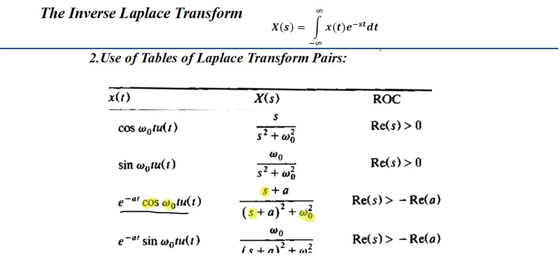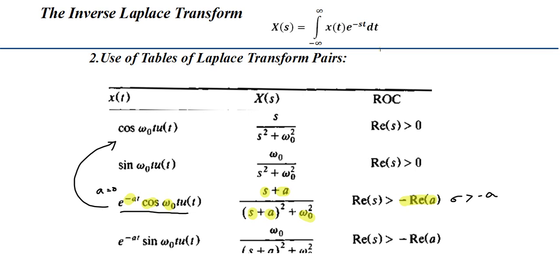It is s plus a by something, and this e raised to minus a t, you can see here, a and a, and the ROC is simply, if it is a real quantity, sigma greater than minus a. If you know this equation, if you simply substitute a is equal to 0, you will get simply s by s square plus omega 0 square.